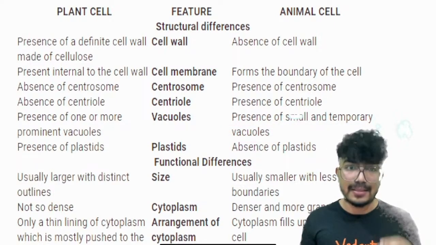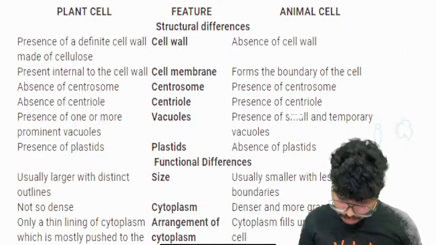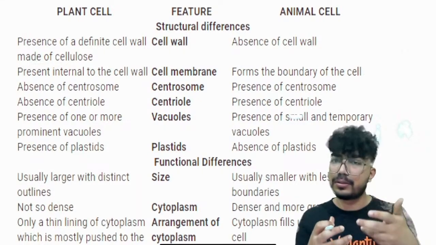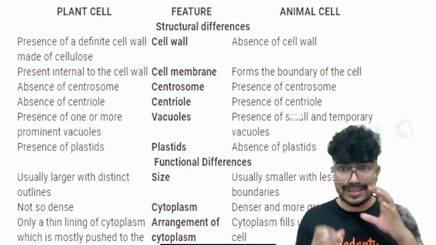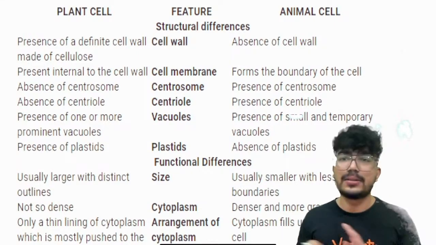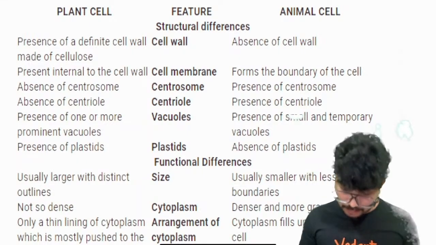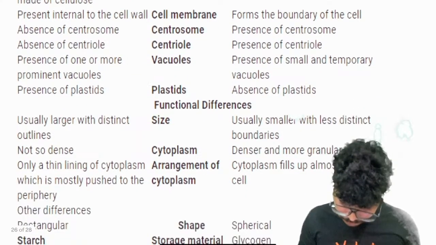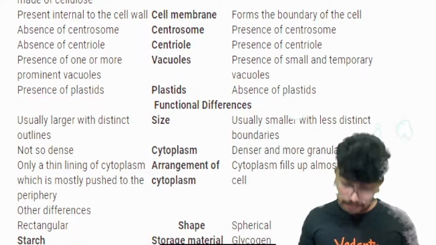Then the plastids: plant cells have plastids, animal cells lack plastids. Plastids are further of three types: chloroplast, chromoplast, leucoplast. The chloroplast is the kitchen of the cell. Plant cells have chloroplast. We are animals, and in animal cells we don't have chloroplast. So absence of plastids in animal cell, but presence of plastids in the plant cell.